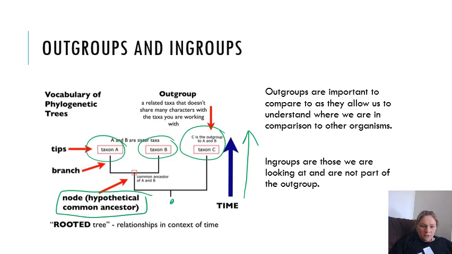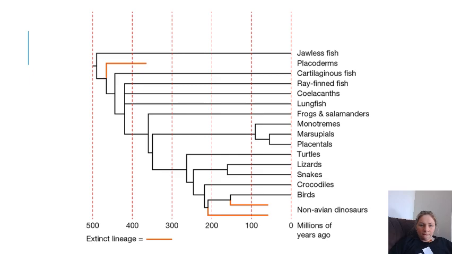In-groups are ones that are further in, where we've got those little nodes, those common ancestors. Sometimes we might have little trees which don't lead anywhere or lead to an extinct organism. These are called extinct lineages.